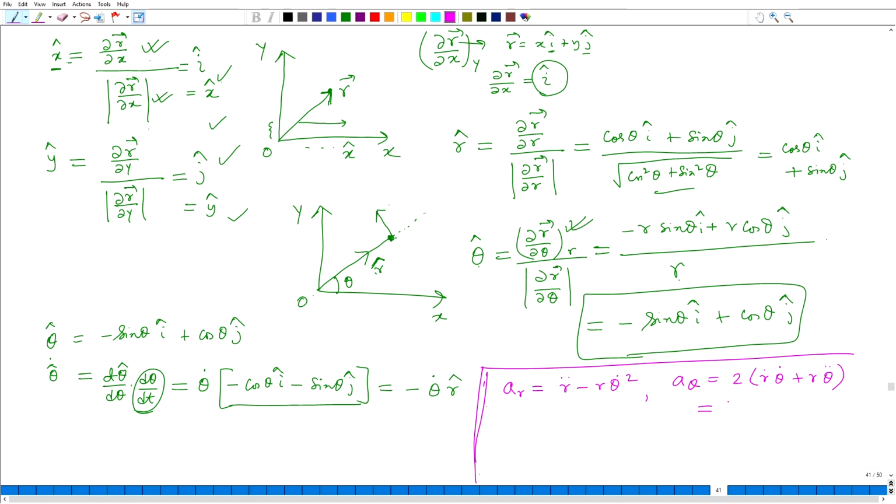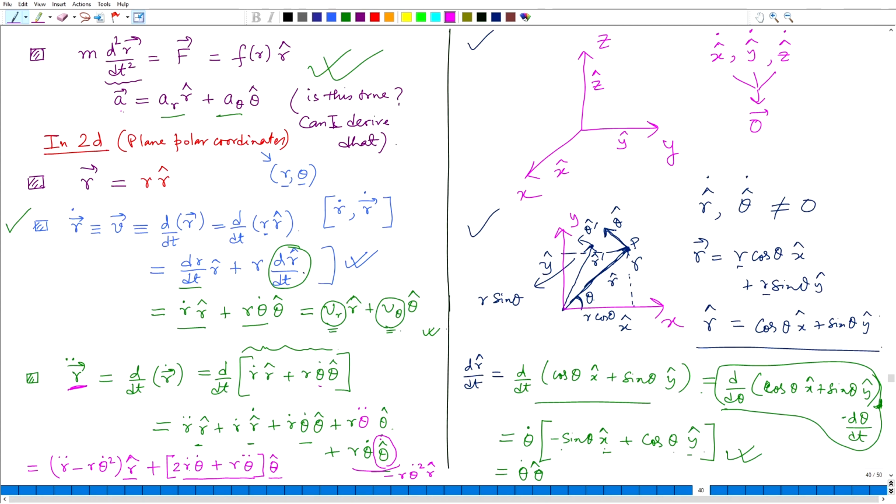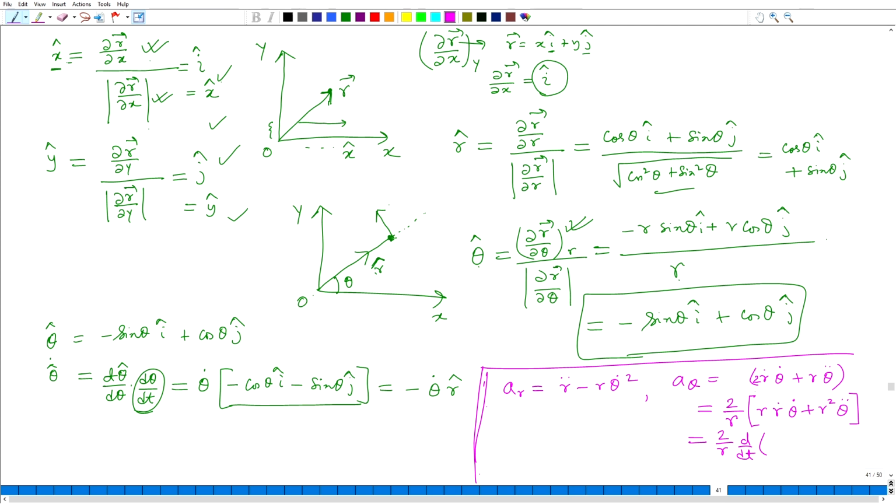If I take 1 by r common, it will have r dot theta dot plus r square theta double dot. A careful observation will give you that this is nothing but 2 by r d/dt of... I'm again sorry, because I have written a wrong expression. This will be a 2 over here. So, this is 2 r dot theta dot plus r theta double dot, yes. So, 2 will be here.